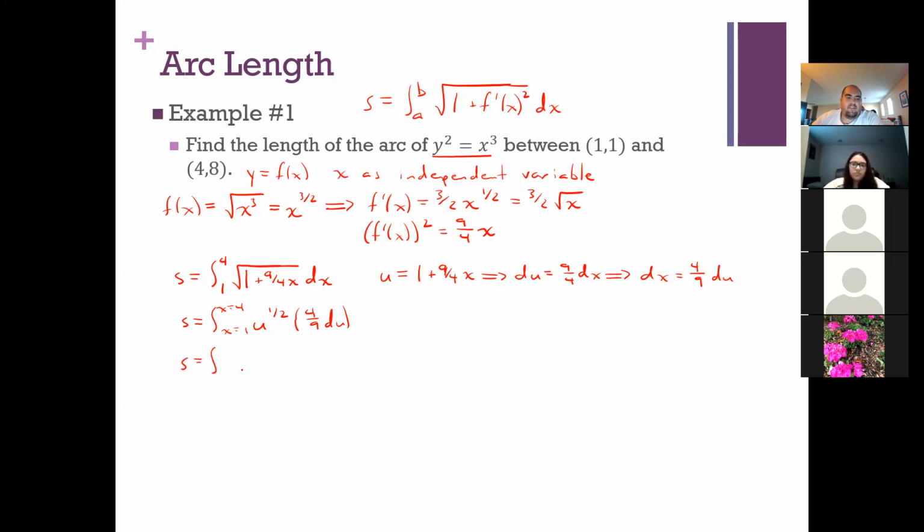What are my new limits going to be on this integral? If I do this correctly, the upper one should be 10 and the lower one should be 13/4.